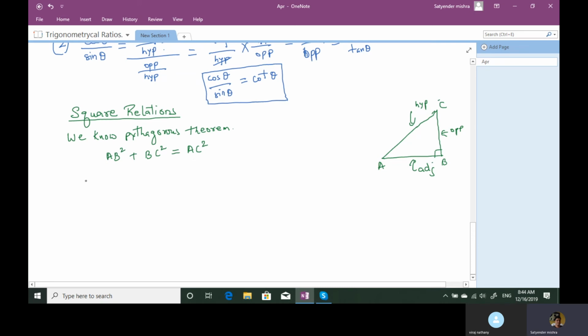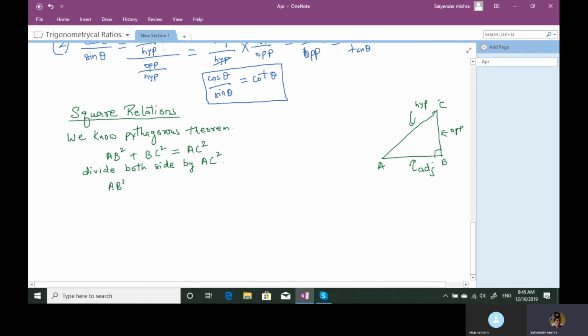So what I am going to do here, okay, divide both sides by AC square.